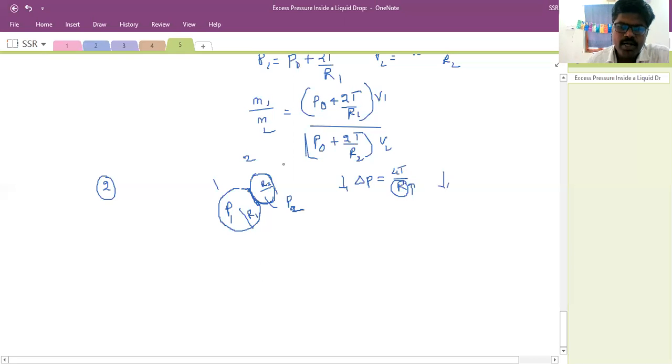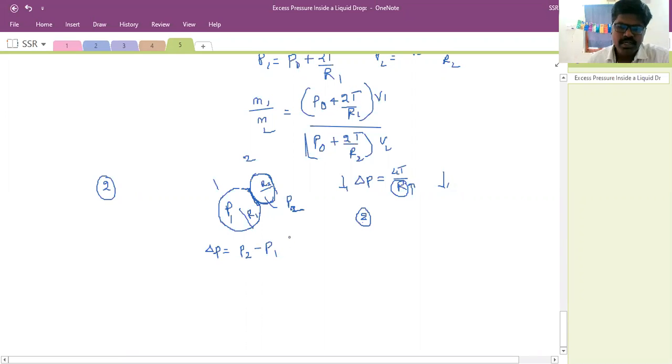So now, comparing 1 and 2, which has high pressure, bubble 2 or bubble 1? Bubble 2 has larger pressure because the radius is low, so the pressure will be more. That means the excess pressure between them, you can take bubble 2 pressure minus bubble 1 pressure, P2 minus P1. Are you clear on this point?